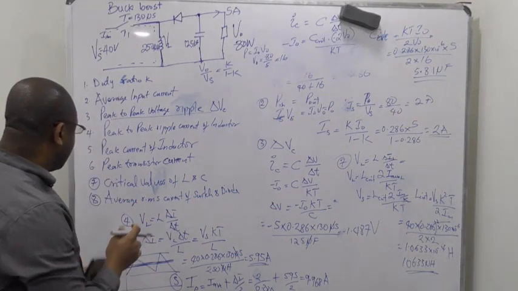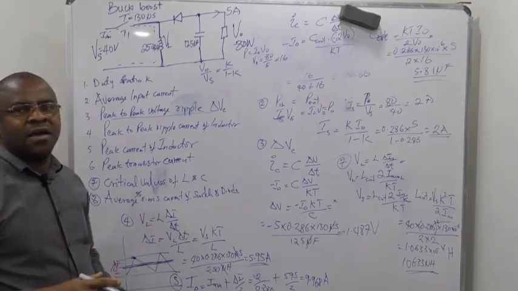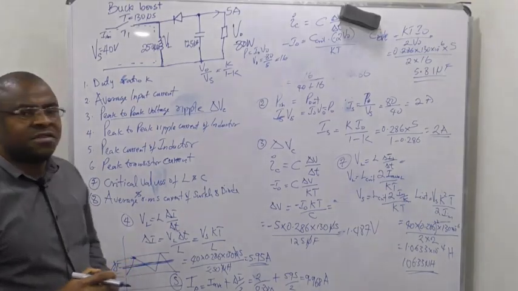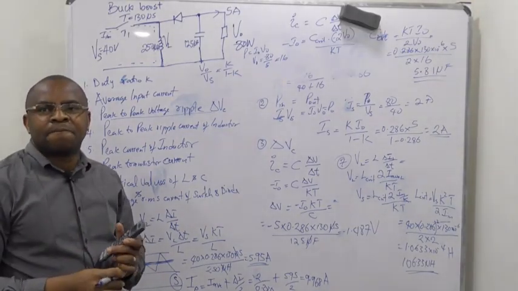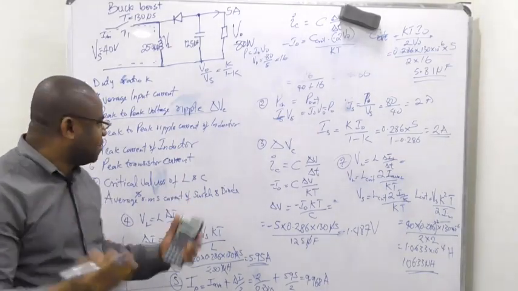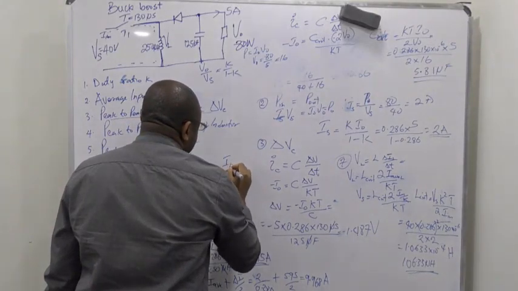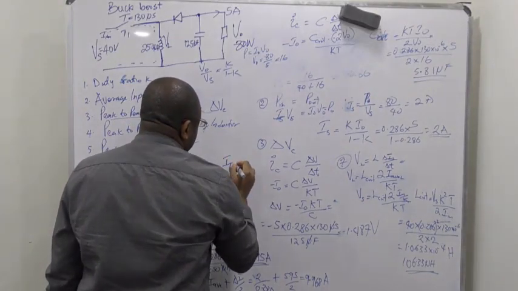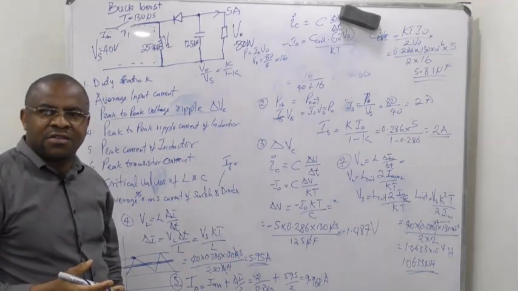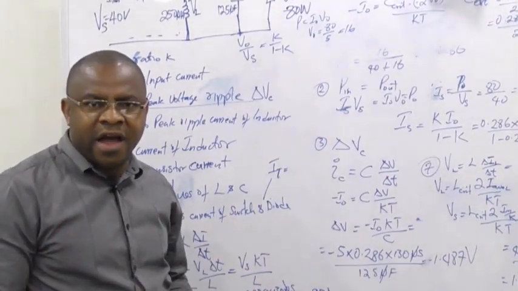Now the last one is just to use the equations for average and RMS current of the switch and the diode. For the transistor, if you want to get I of the transistor average, you just multiply the duty cycle by I average.